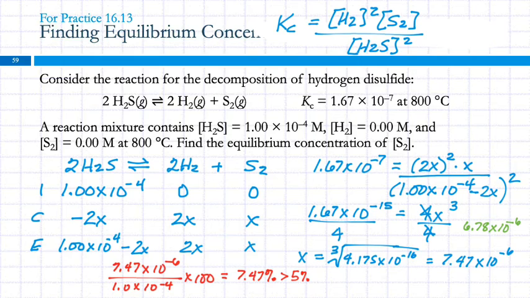So I got 6.78 times 10 to the minus 6. Now, are those numbers close? Yeah, but close only counts in horseshoes and hand grenades. So the equilibrium concentration of S2 ends up being x, and that's our answer right there.